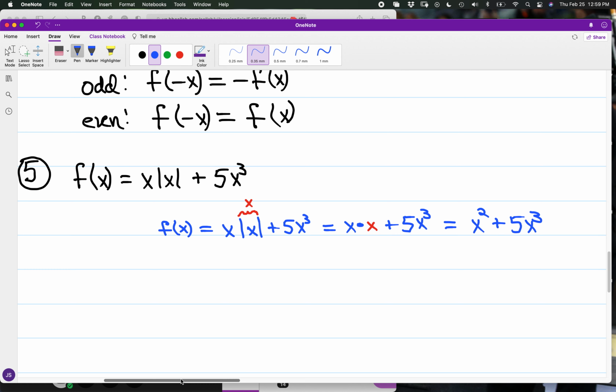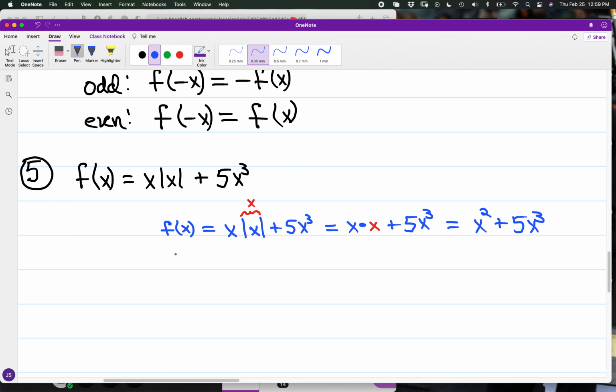All right. Now, for f of negative x, this one is a little bit tricky. I'm replacing x with negative x. So you have negative x times the absolute value of negative x, plus 5 times the cube of negative x.